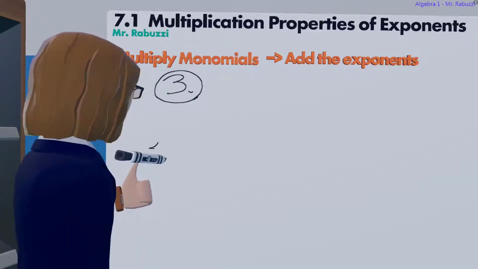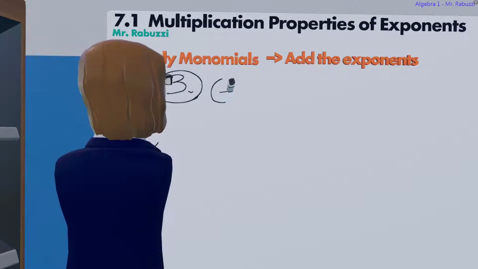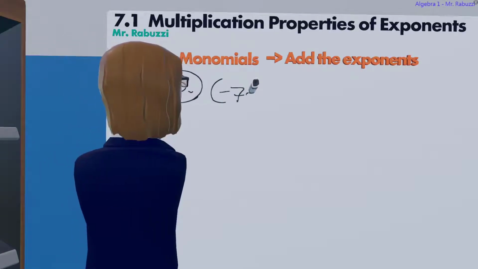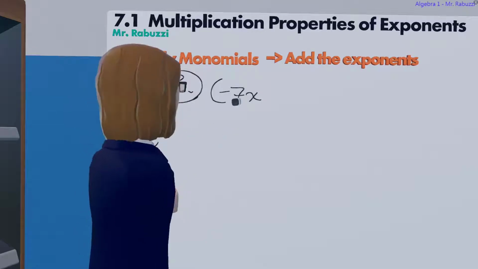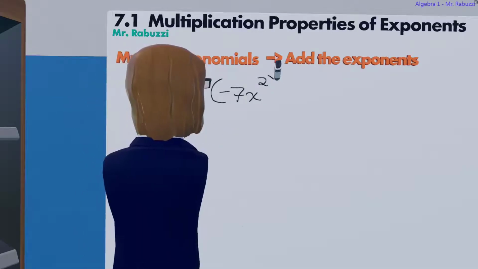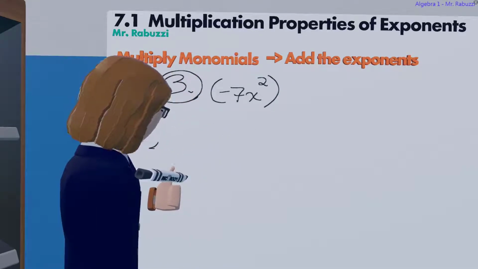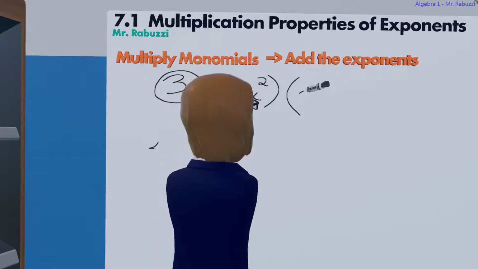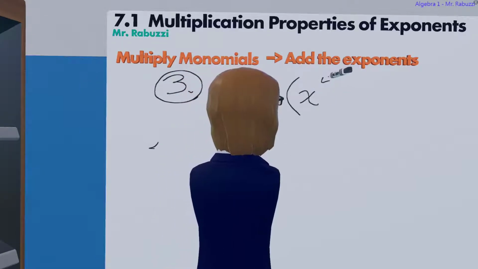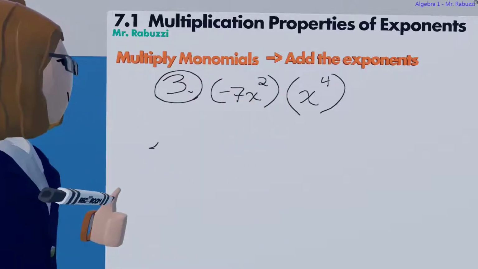So this one says we have negative 7x squared times x to the 4th. Okay.